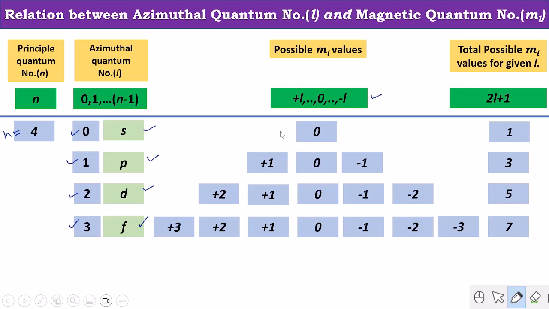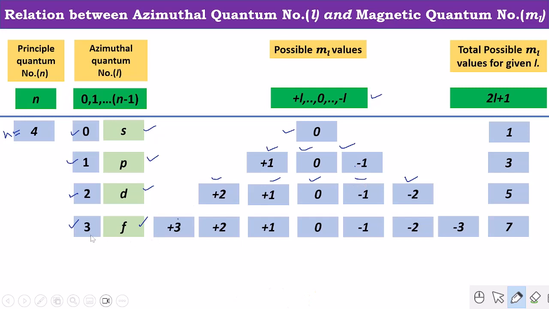The possible value is 0 for L is equal to 0. Then for 1, it means the value starts from plus 1 to minus 1. These three values. For L is equal to 2, the value starts according to this value of L. So plus 2 to minus 2, including these numbers.